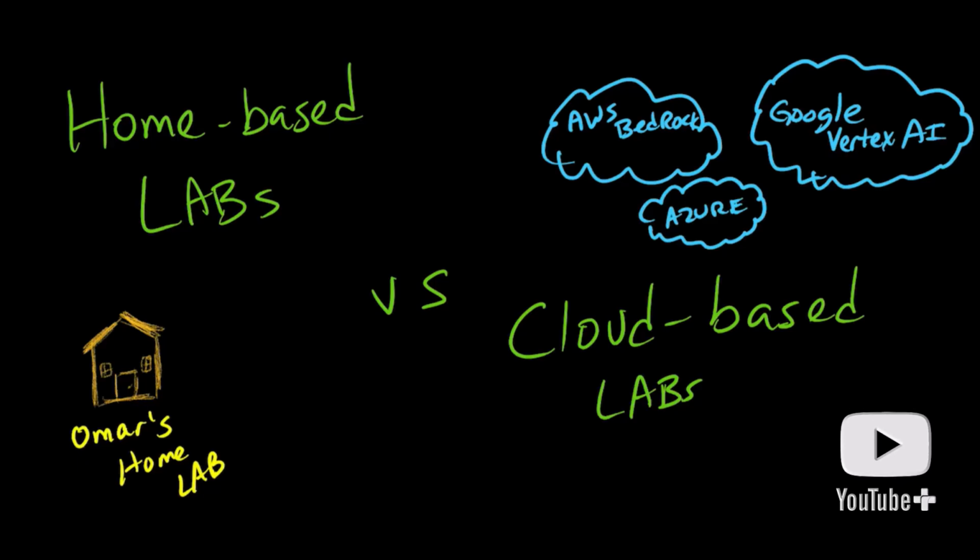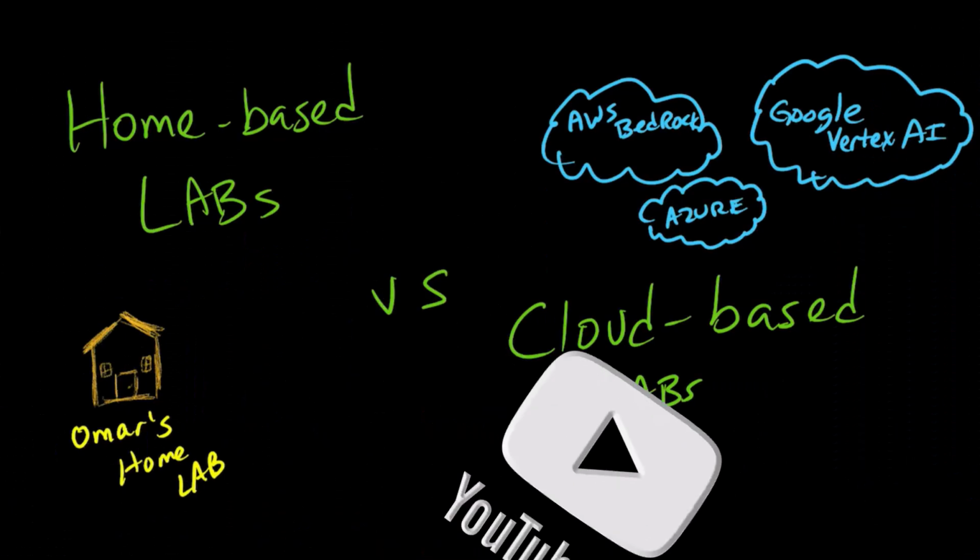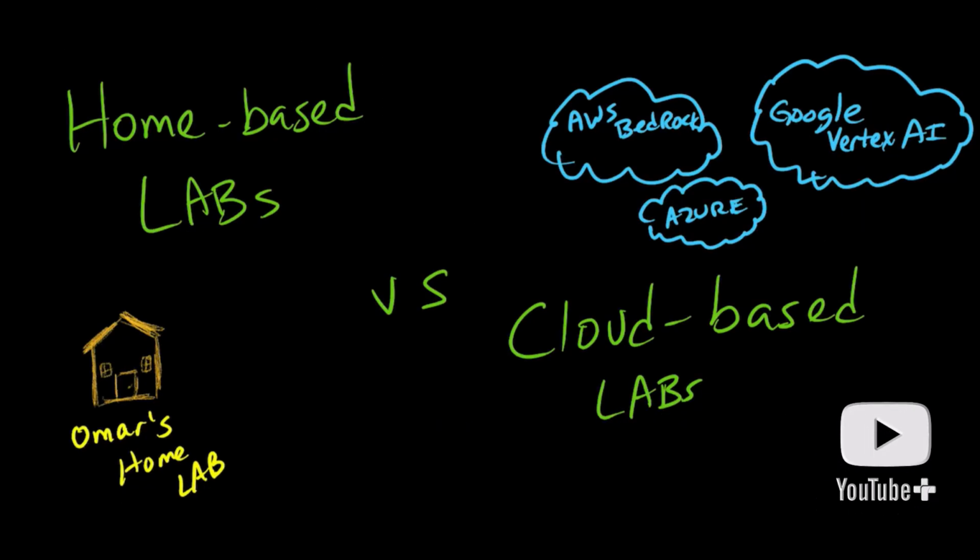And also you can take advantage of the cloud. There's a hybrid approach that most organizations and most individuals are taking advantage of, which is basically including the integration of home-based labs or on-premise labs with cloud-based labs as well, so in a hybrid environment.